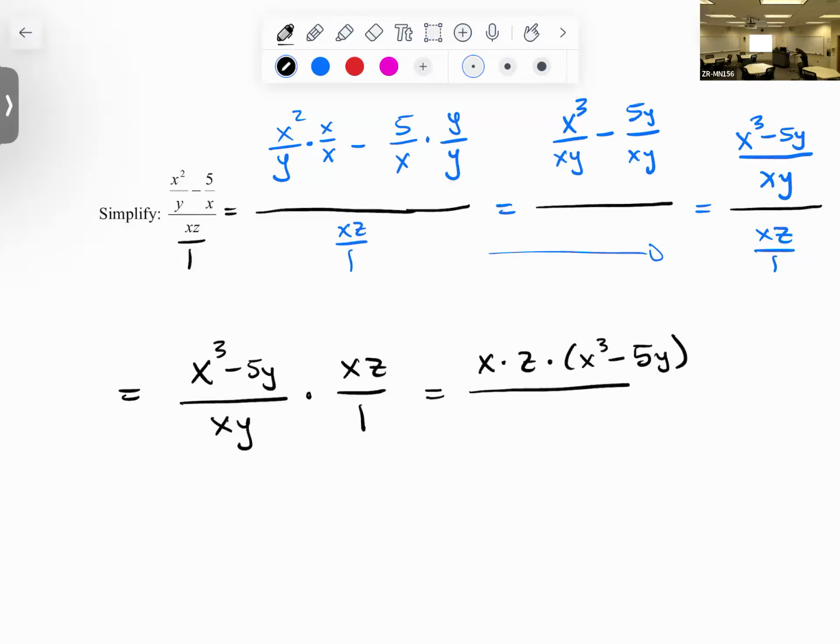Wouldn't that second fraction be 1 over XZ if you're flipping it? It is 1 over XZ. I was getting all excited to cancel.